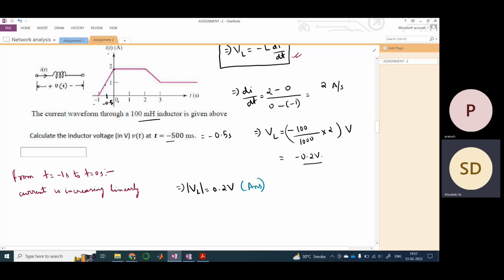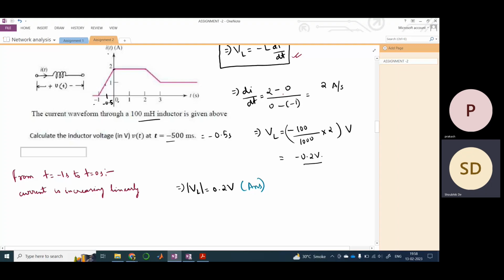Now coming to this part: why am I not taking minus 0.5 seconds, since it is explicitly mentioned? From minus 1 to 0 second, the current is increasing linearly, and in between this part, minus 0.5 second, 500 millisecond, is also there, right? Yes, sir, it is part of this line.